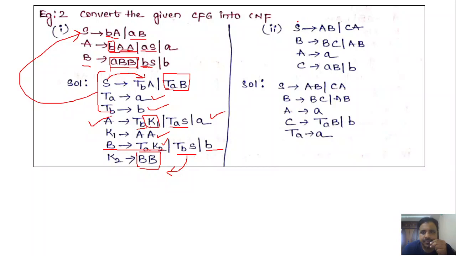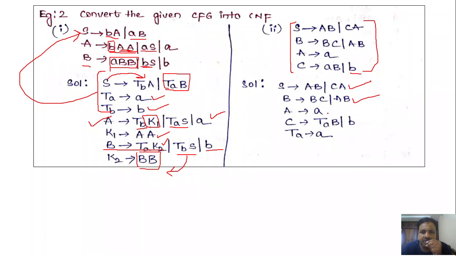Next one. S denotes ABCA, B denotes BCAB, capital A denotes small a, capital C denotes small a followed by capital B or small b. So convert it into CNF. So first take production 1, it is in CNF, so no change is required. Production B denotes BC or AB. Second production is also in CNF, no change is required.